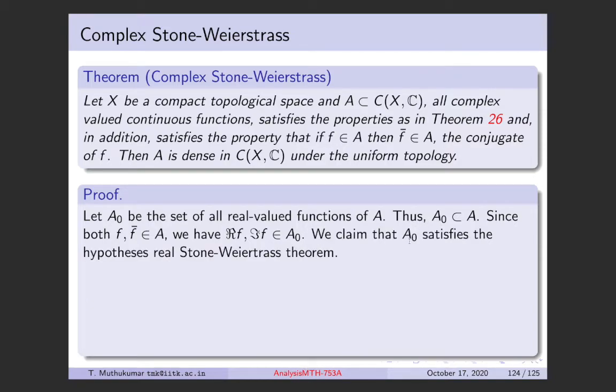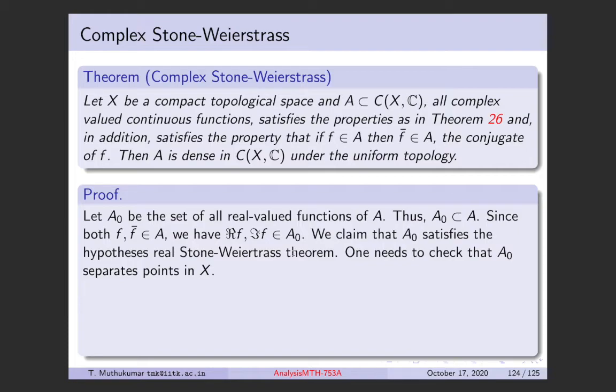We now claim that this A0 that we have obtained satisfies the hypotheses of the real Stone-Weierstrass theorem, because now they are all real valued functions. The subspace condition is satisfied, and constant functions are satisfied because they are real valued. Closure under pointwise product will also be satisfied. Separating points is what we need to check.